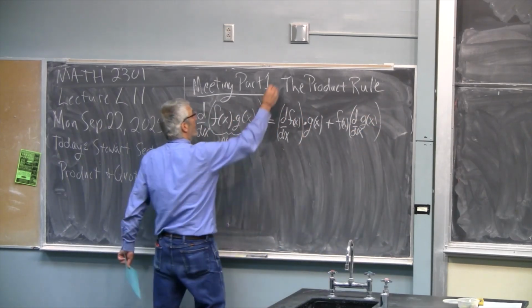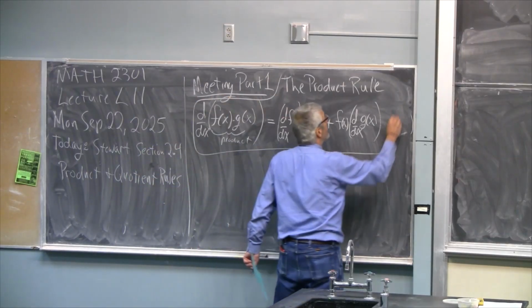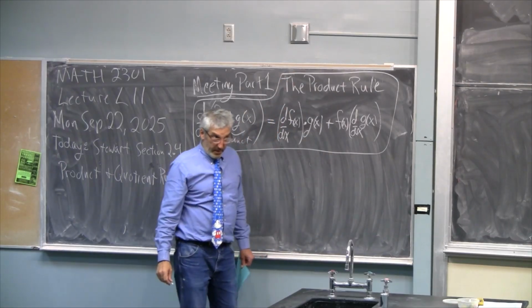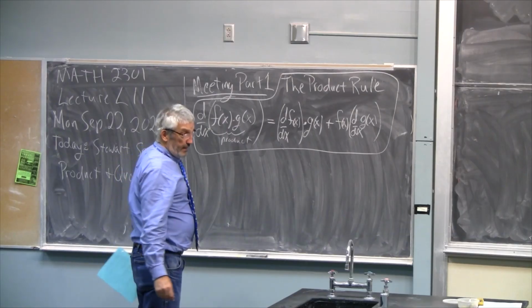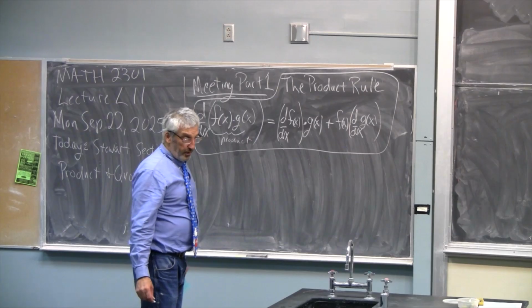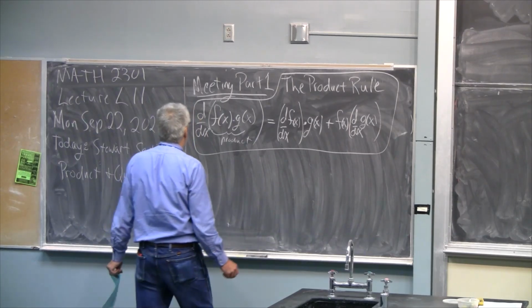So that's the product rule. It's not terribly hard. We're going to get to much harder rules. But already it's tricky because the thing that is obvious to do when you want to take the derivative of a product is actually the wrong thing.